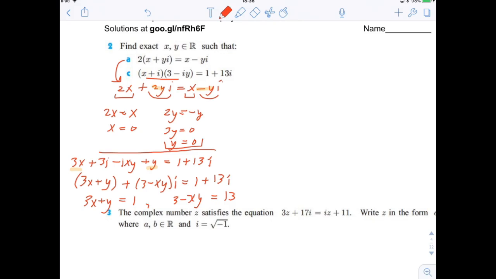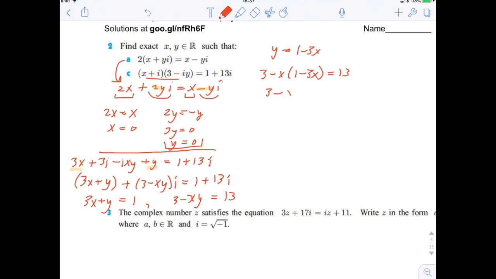Now let's continue on. So 3x plus y equals 1. Let's use substitution. We'll solve for y. So y is equal to 1 minus 3x. 3 minus x times y. We're going to substitute in for y 1 minus 3x to eliminate that variable.